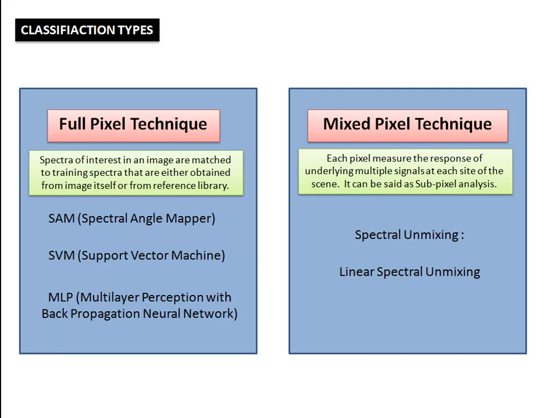So what is the full pixel technique? It is a technique where each pixel vector measures the response of the underlying principal signal at each site in a scene, and the image spectra is matched with the reference spectra. On the other hand, in the mixed pixel technique, each pixel measures the response of underlying multiple signals at each site in a scene.